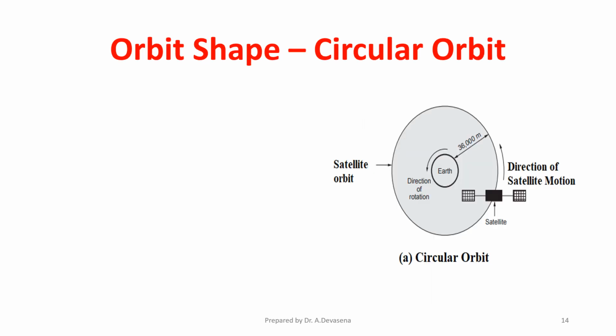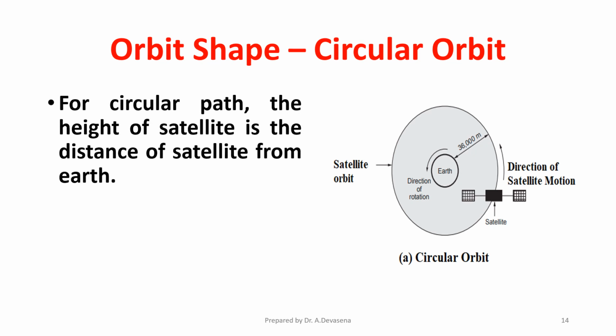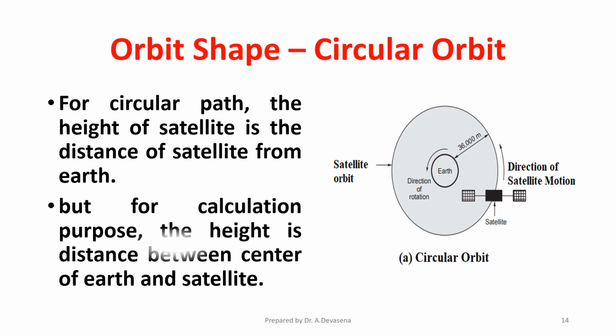Now we will discuss orbit shape, that is, circular orbit. For a circular path, the height of the satellite is the distance of the satellite from the Earth. But for calculation purposes, the height is the distance between the center of the Earth and the satellite.